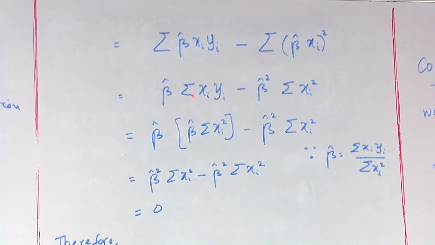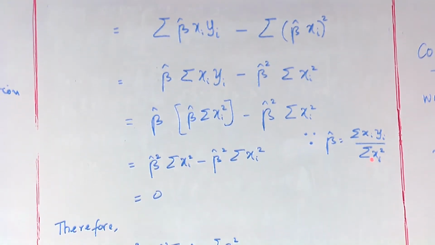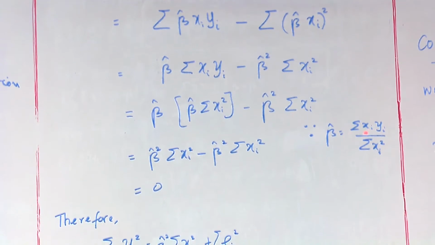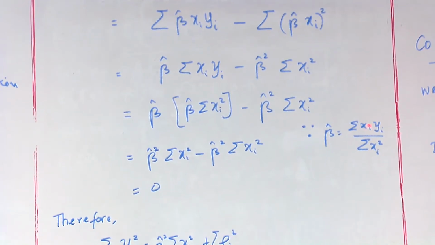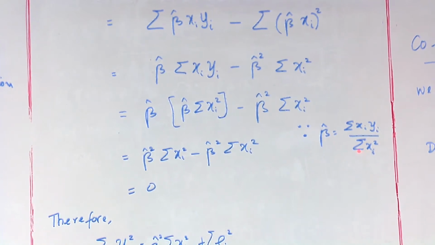Now this sigma xi yi may be written as beta hat sigma xi square, because we know beta hat is equal to sigma xi yi divided by sigma xi square. So this sigma xi yi is beta hat times sigma xi square.